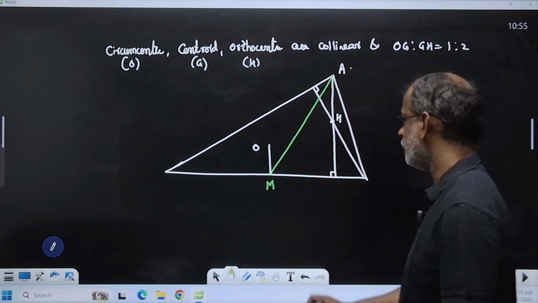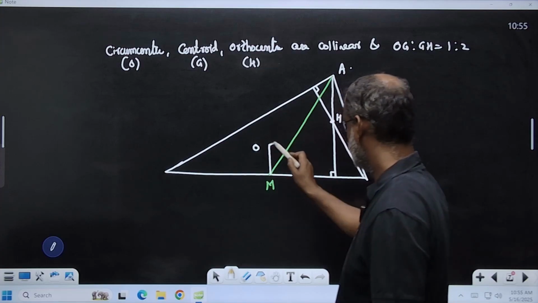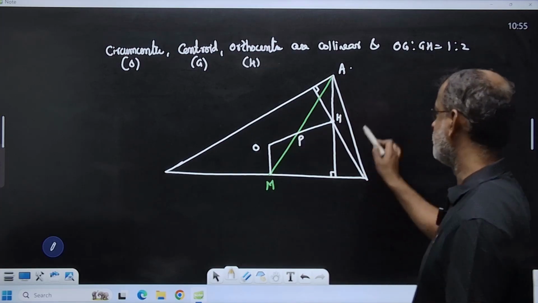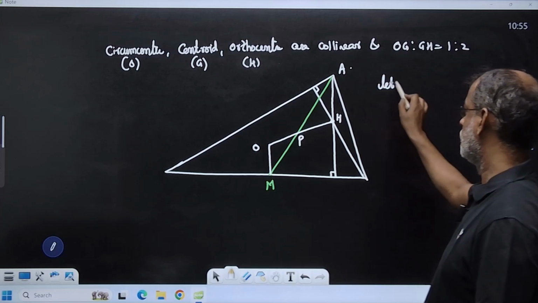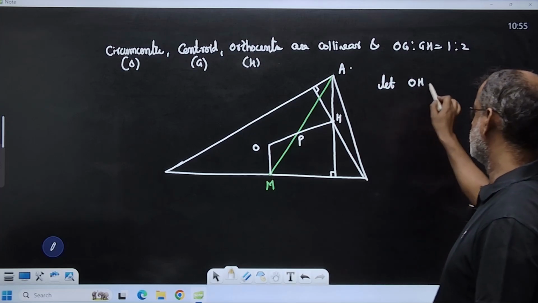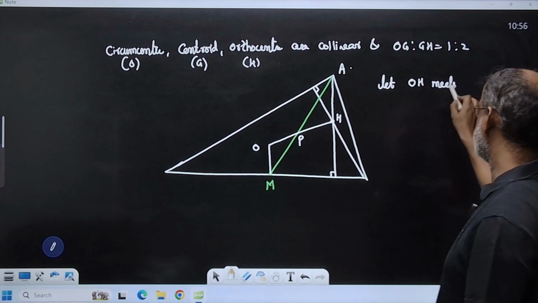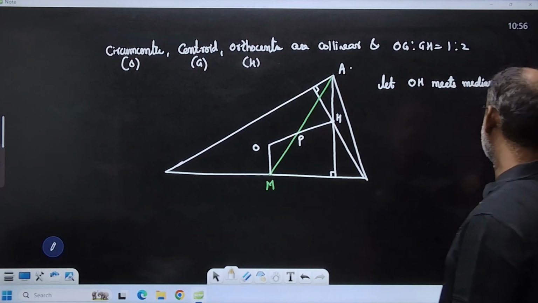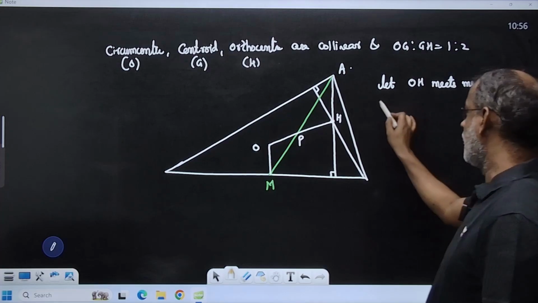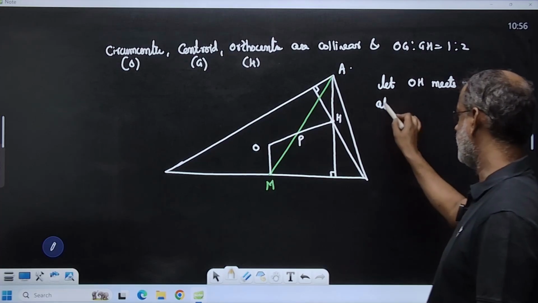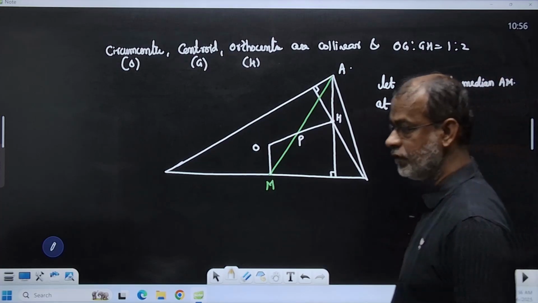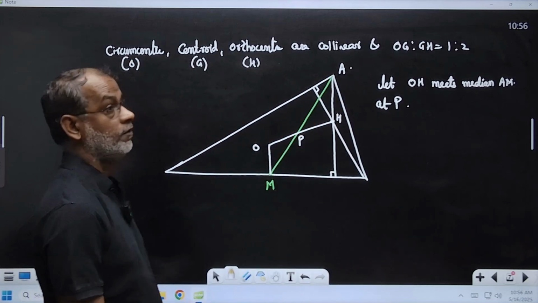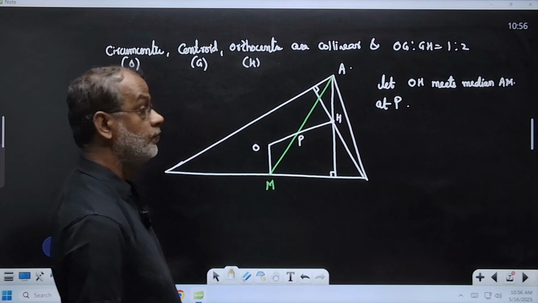Now, you can very carefully see what we say is that let OH meet the median AM at P. We have to show that P is nothing but the centroid of this triangle. So, how do we go about it?